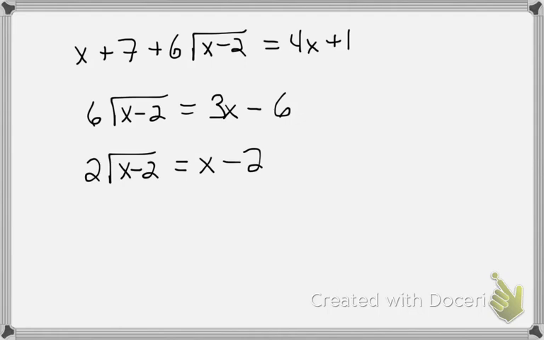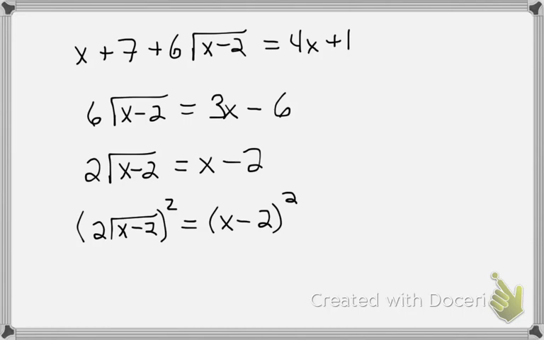Now that we've got our target by himself, square both sides, right? Pull the trigger, square bullet. So 2 square root of x minus 2, squared, set equal to x minus 2, all squared. You guys agree?